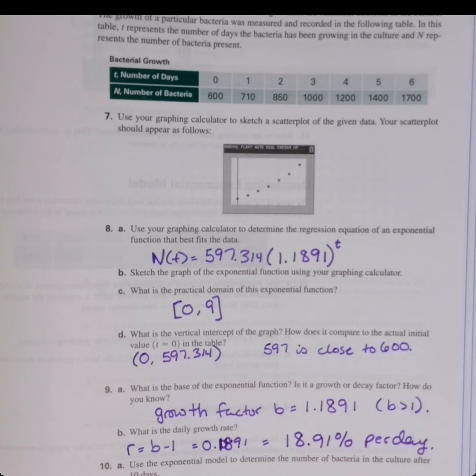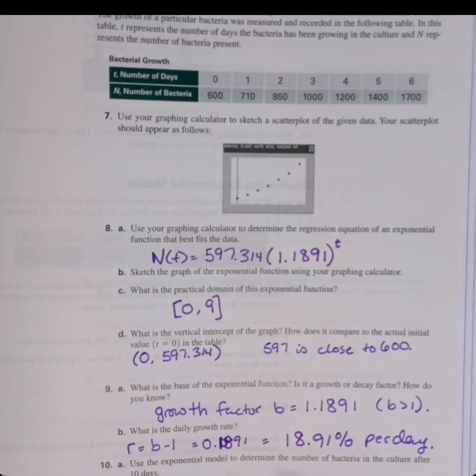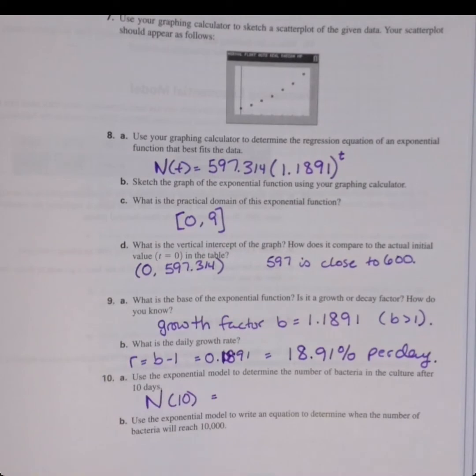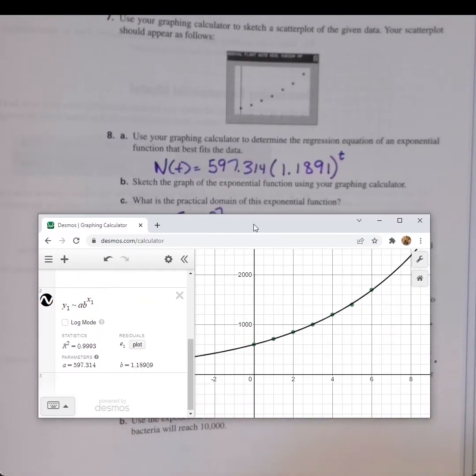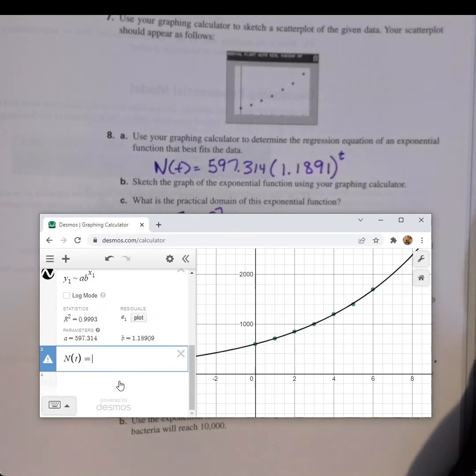Now we're going to use this model to predict the number of bacterium in the culture after 10 days. So we're going to find N of 10. I need to type my model, so I'm going to keep the screen down here for a second as I type in my A value and my B value.